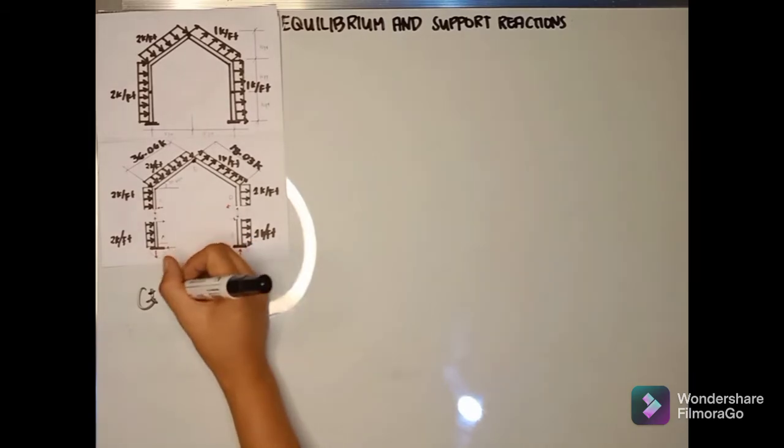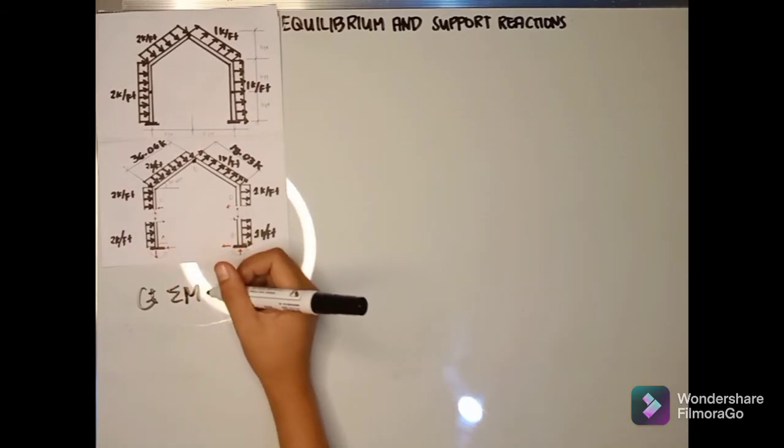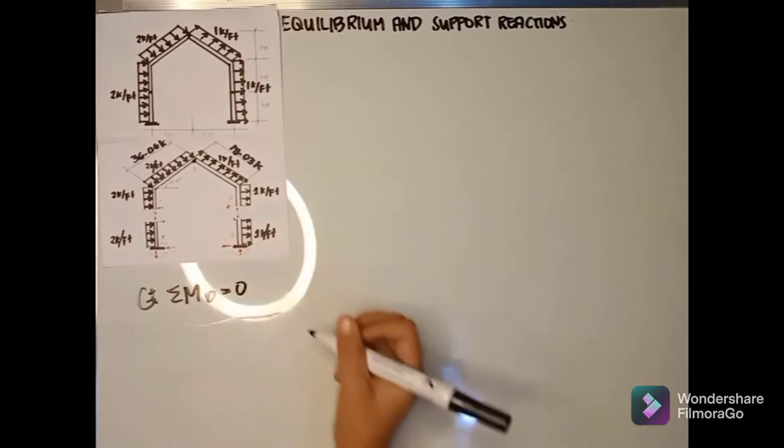Counterclockwise is positive. Summation of moment at point D is equal to 0.